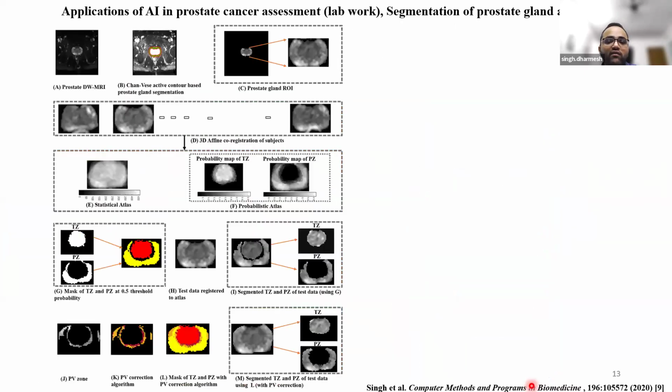Now let's talk about one of the fundamental steps in the application of AI in prostate cancer, which is segmentation. This is segmentation of the prostate gland and zones. It is crucial because 70 to 75 or 80% of prostate cancers originate from the peripheral zone, and the other cancers originate from the transition zone.